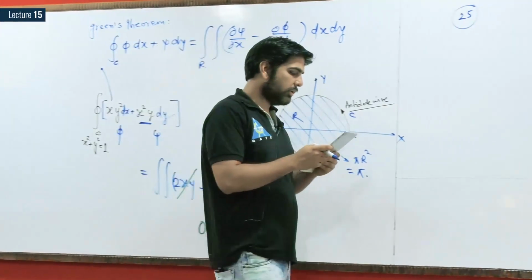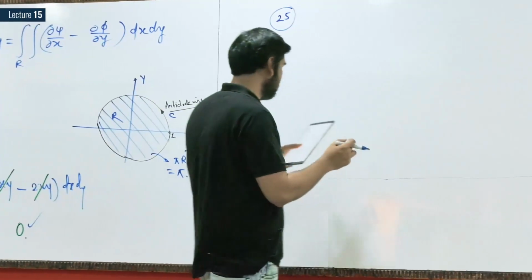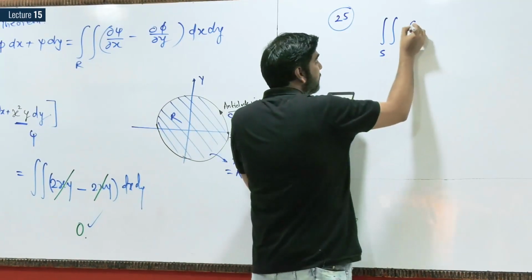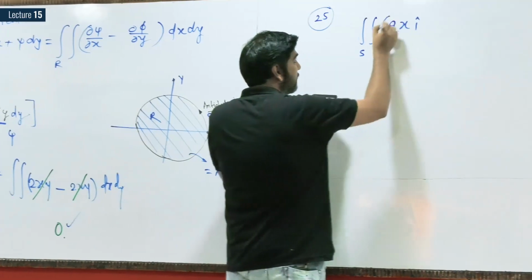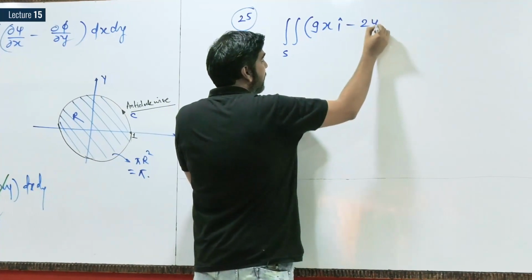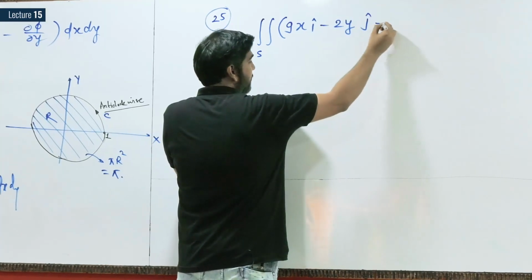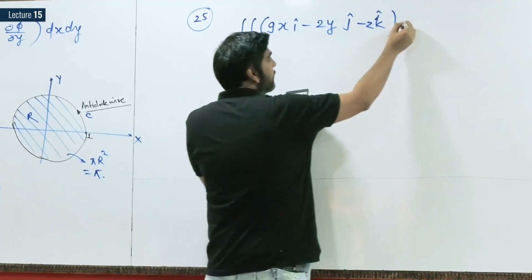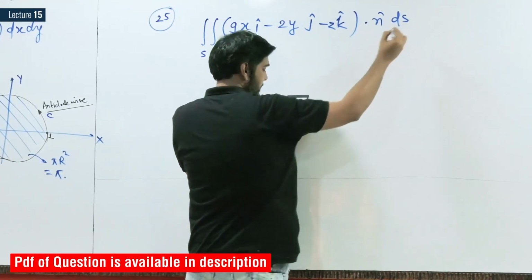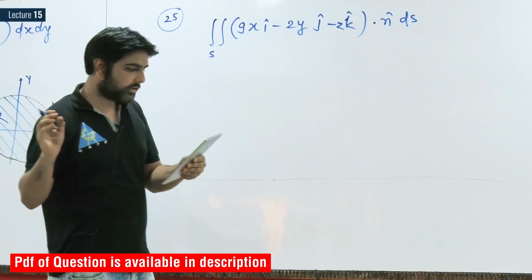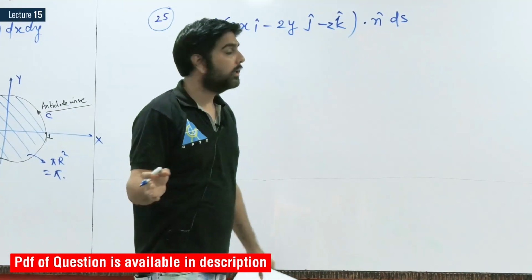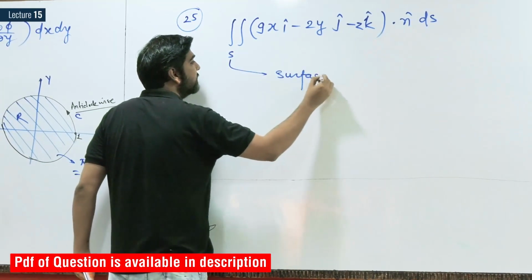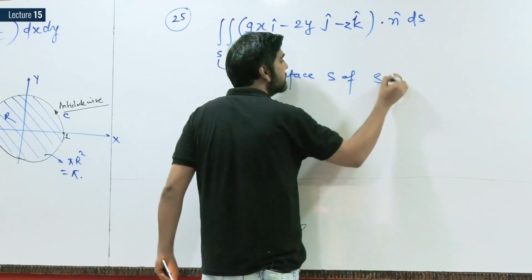So question number 25: the value of the surface integral, and here the surface is open, of 9x i cap minus 2y j cap minus z k cap dot n ds, over the surface S of a sphere.